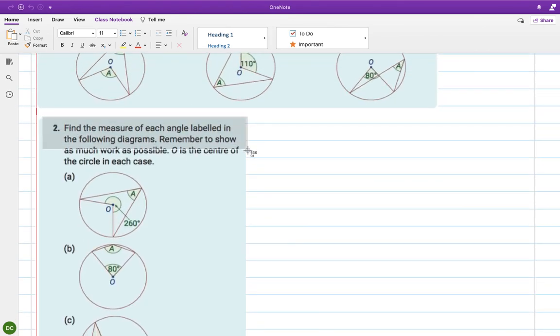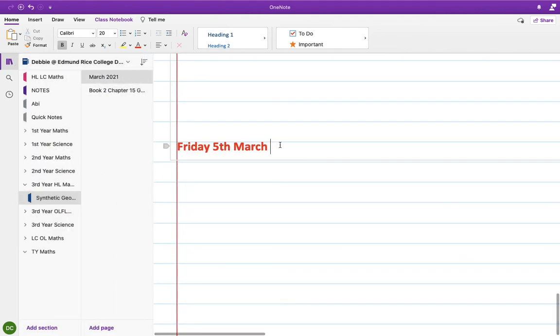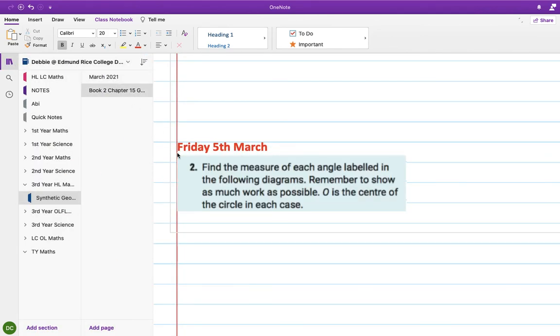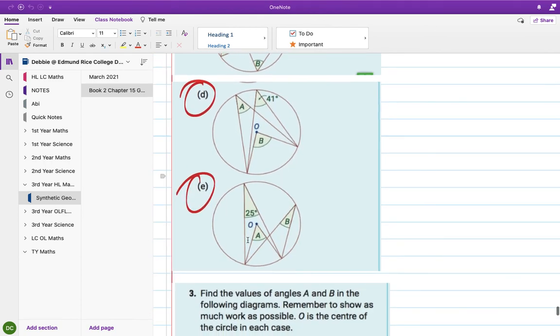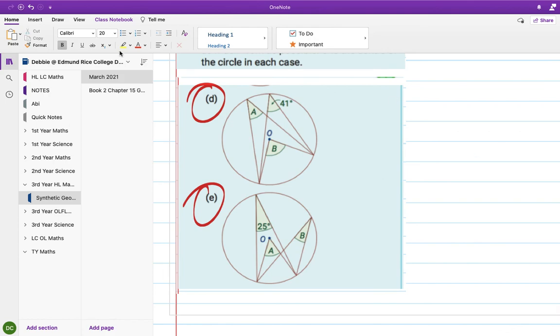Find the measure of each angle labelled in the following diagrams. Remember to show as much work as possible, and O is the centre of the circle in each case. Let's try these two. You can clearly see that they're arcs, so they're definitely based on those two theorems that we just did.